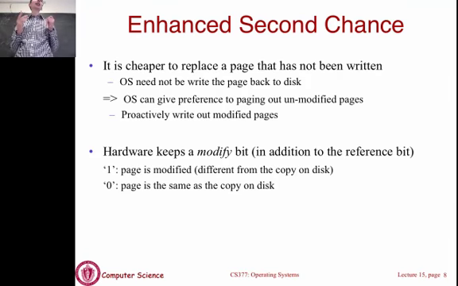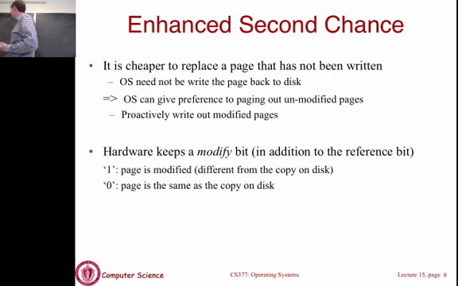Now, the second idea that we can use to make this better is that when we have a page that is modified, we might want to replace that page in the future. But we can proactively write it out to the disk now, even before we're choosing to replace it. And then in the future, once we do decide to replace it, it will be the same as the copy on disk.